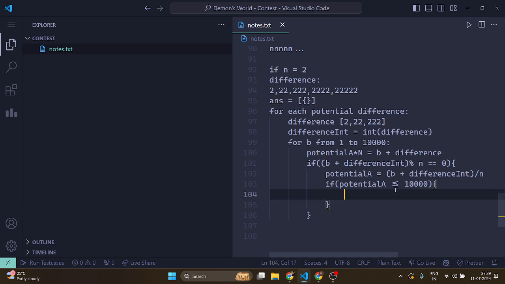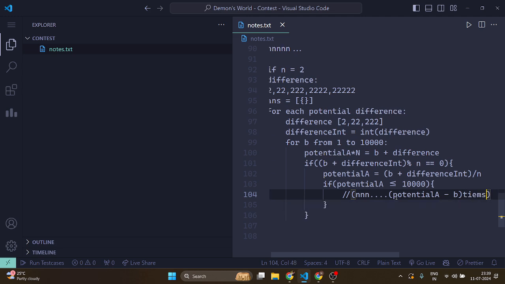Now if potential A is less than or equal to 1e4, and B is also less than or equal to 1e4, and A times n minus B is also equal to difference, the only thing remaining to check is whether this n occurs potential A minus B times.